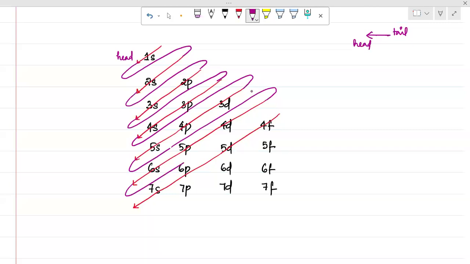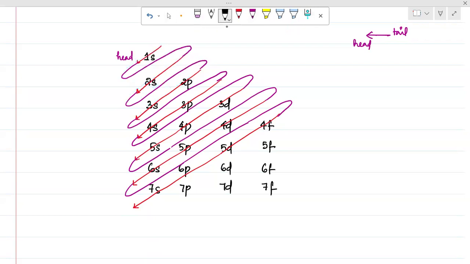You will continue this, and then you can easily write the order. Just look at the pattern in which the arrow is moving. For example, it starts with 1s, and then it turns and comes to 2s. It turns and then it comes to 2p, 3s.